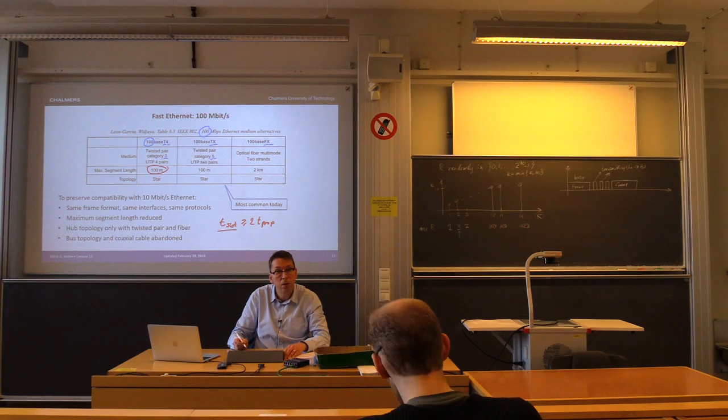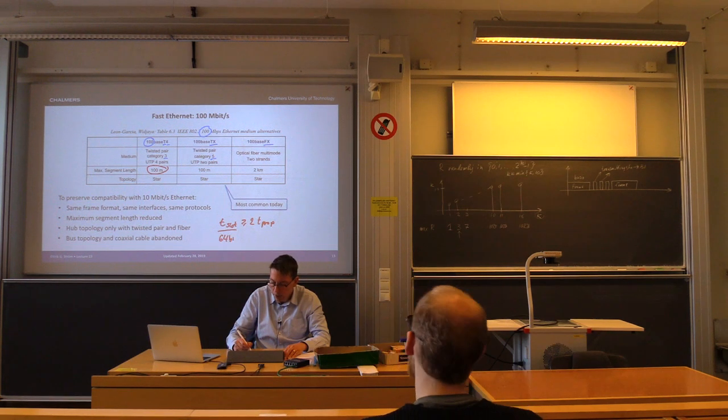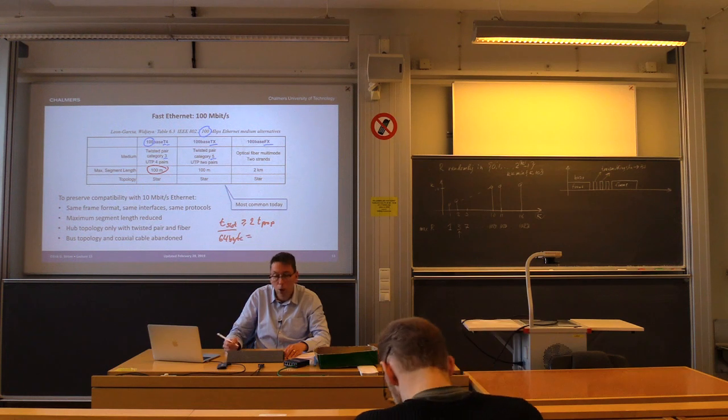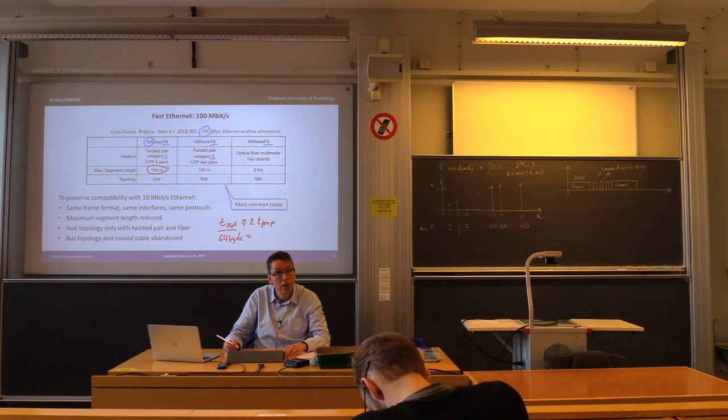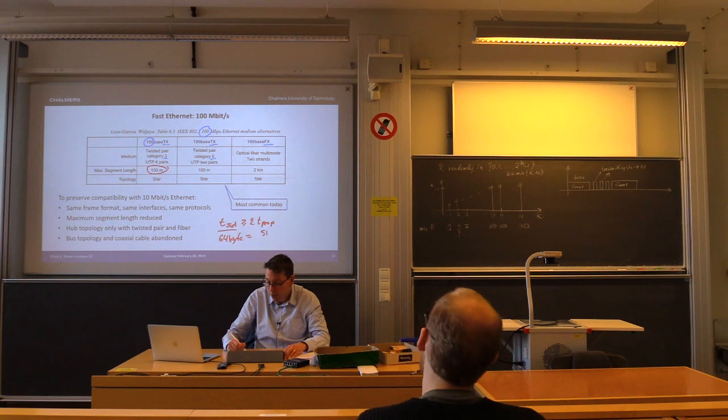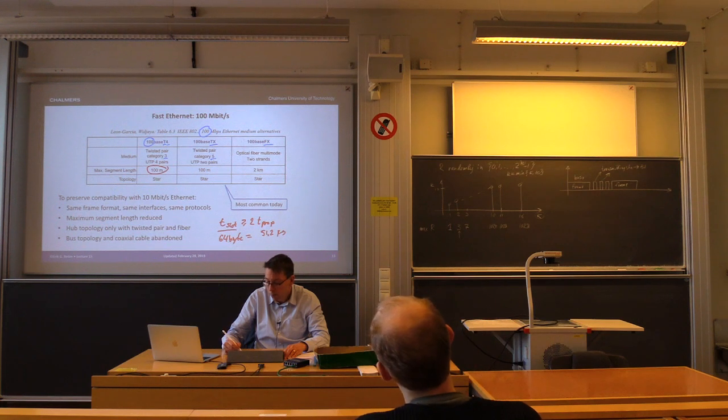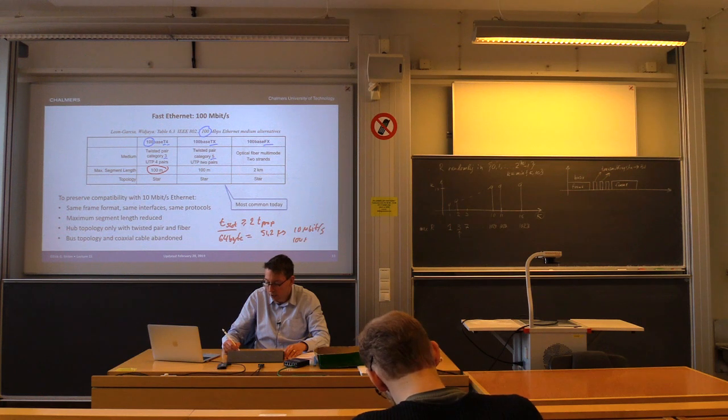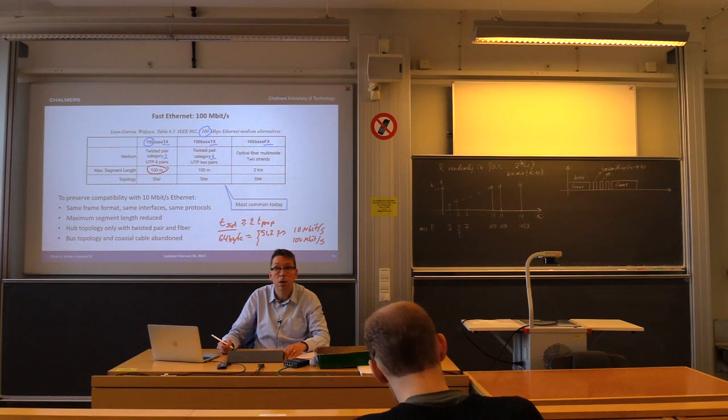If we keep this fixed, and this happens to be 64 bytes, which on 10 megabits per second was 51.2 microseconds. For 100 megabit per second, how much is 64 bytes then? Divide by 10, right?